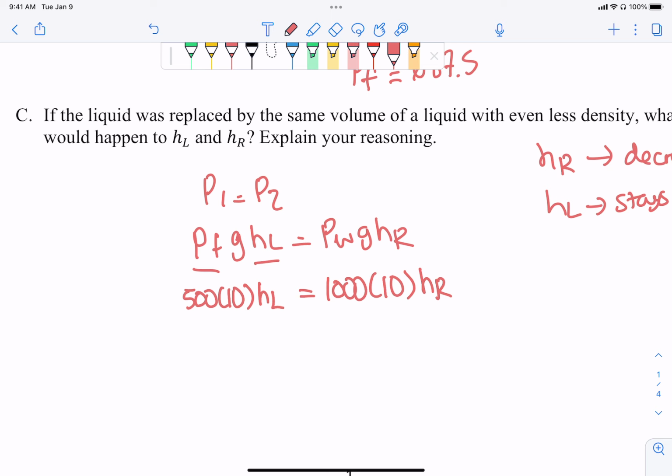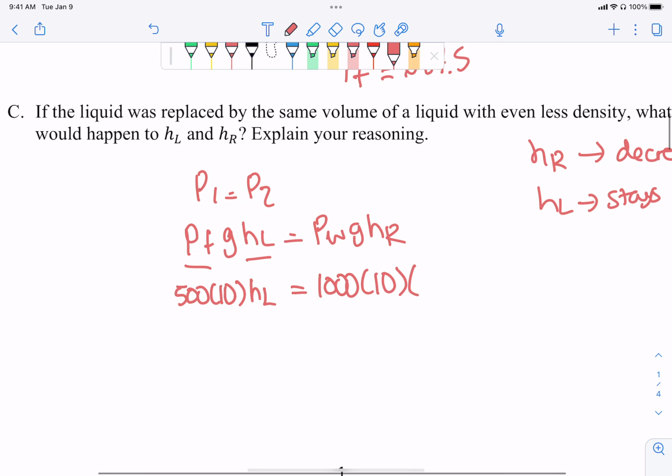So if we were to plug in numbers real quick and solve for HL, let's plug in a sample value for HR as well. So let's say that's, I don't know, 0.16 meters again, right?